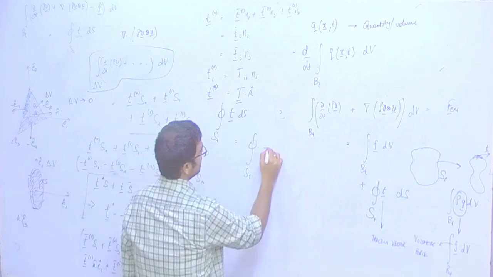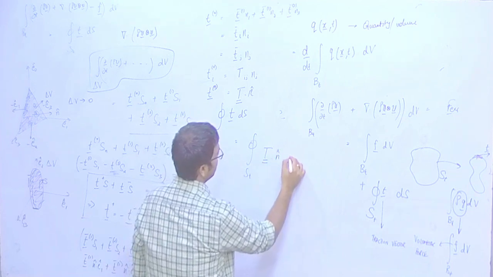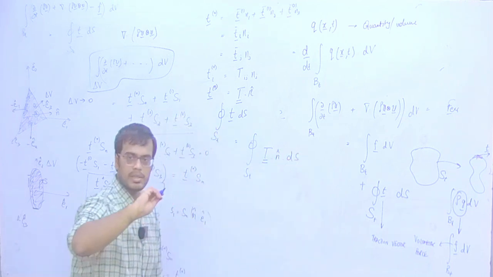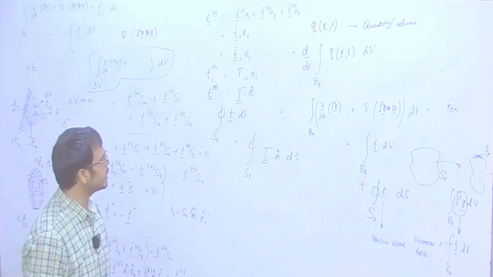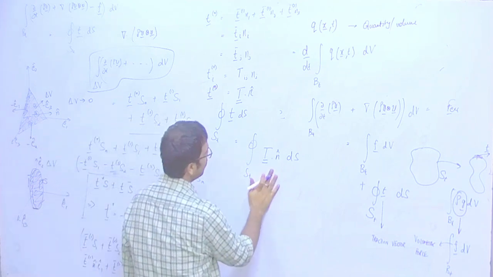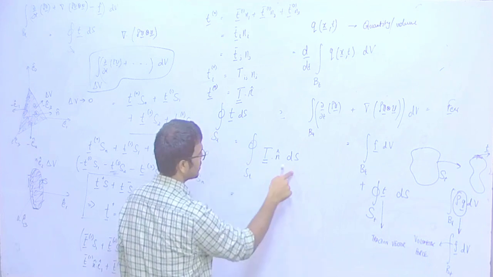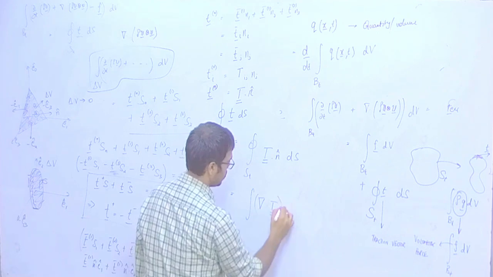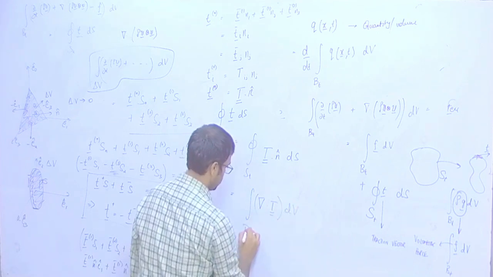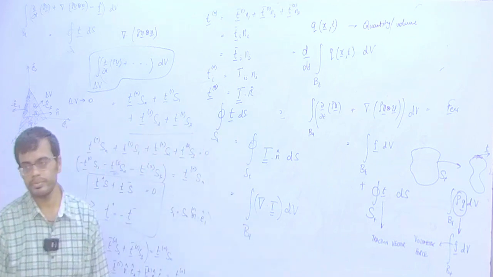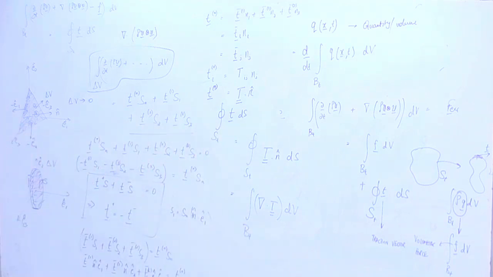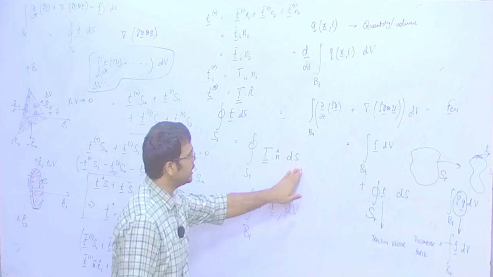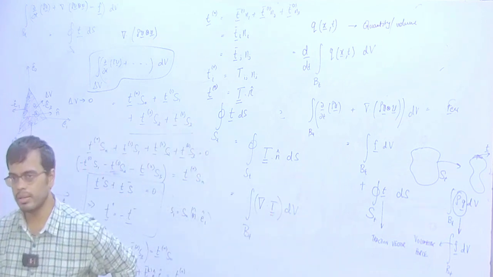So, this is basically T dot n ds, where n is the surface normal and we are integrating over the surface, and now from Gauss divergence we know that this T dot n ds is going to be del dot T dv.